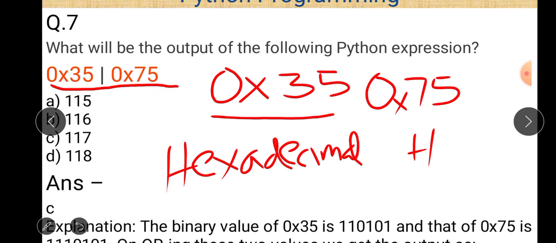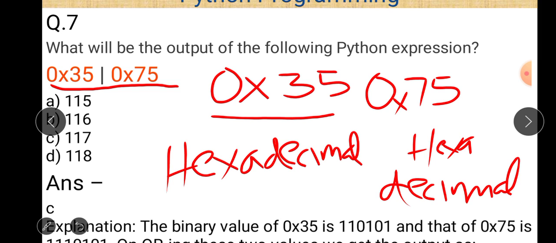This is also a hexadecimal representation. Both are hexadecimal representations, and there is a sign between these two. This sign is called bitwise OR, so the bitwise OR operator is there. Now I think the question is clear to all of you.